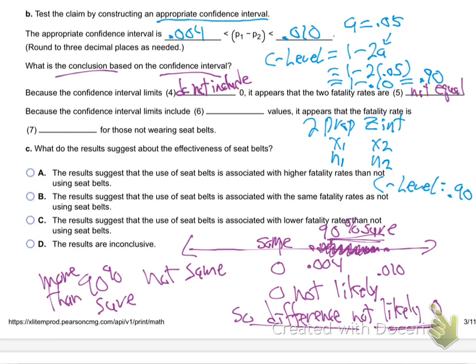Because the confidence interval includes only positive values, it appears that the fatality rate is higher for those not wearing seatbelts. And what's the conclusion? C. The results suggest that the use of seatbelts is associated with lower fatality rates than not using seatbelts. The evidence is very strong.